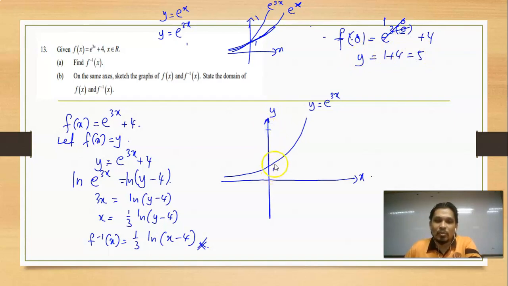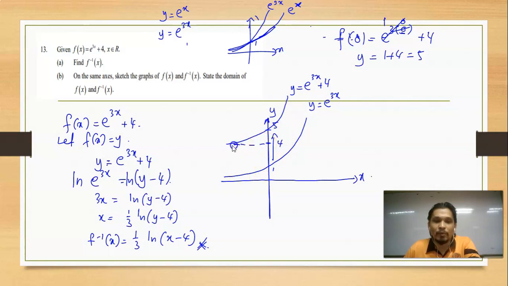This is 1 and this is 5, meaning the graph shifts 4 units up, and the shape is still the same. This is y equals e to the power of 3x plus 4. And the horizontal asymptote also shifts 4 units up, and it becomes 4 here now.